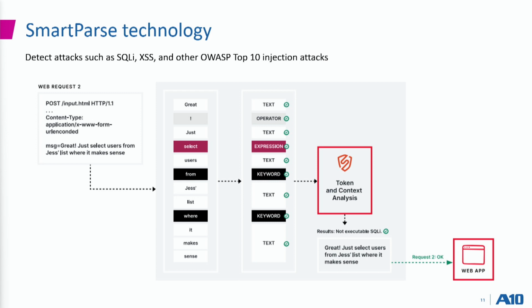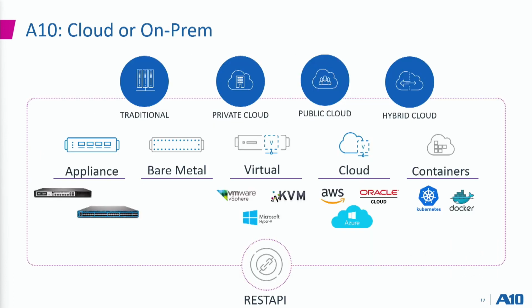This is what makes our smart parse technology unique in the market, that it's able in real time to process such messages and to realize, yes, it is a risk, a threat, or not. This is why 90+% of our customers, and we have hundreds of customers using the NGWAF solution already, are using it in blocking mode and not monitoring mode.